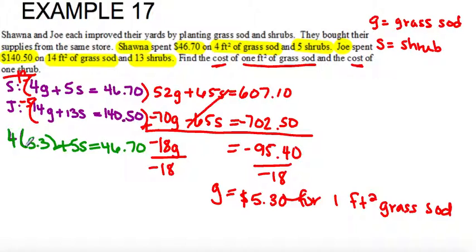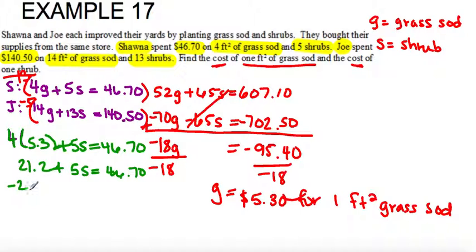4 times 5.3 is 21.2, plus 5S equals 46.70.